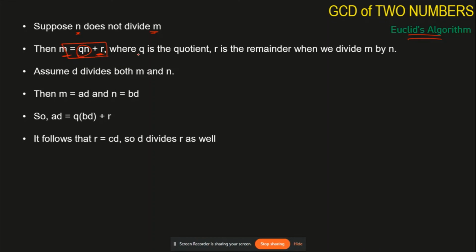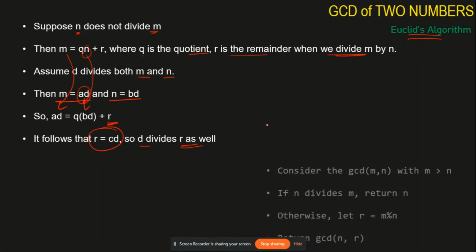Where q is the quotient, r is the remainder. This is what we have studied in lower classes. Assume d divides m and n, and again the same thing, we are putting the value of m as AD, in place of n we are putting BD, and this is r. So it follows that r is CD, and d also divides r as well.